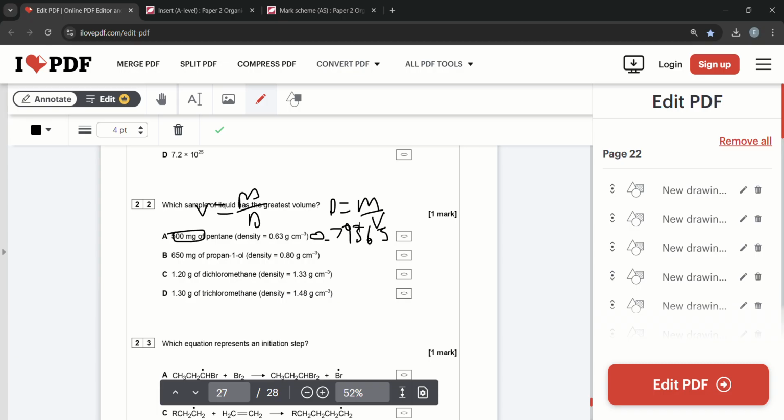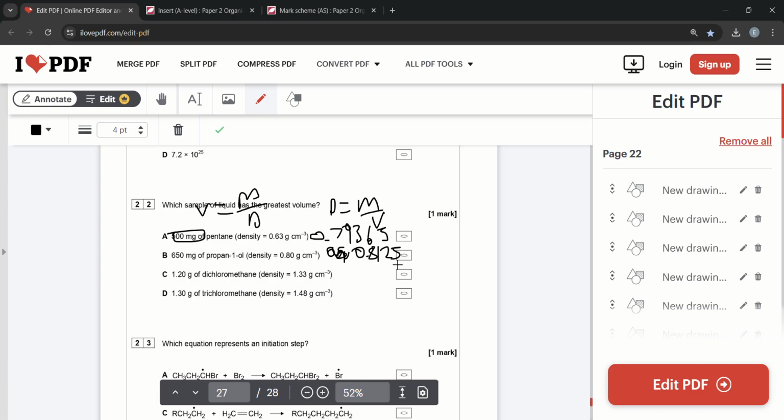Same thing with the second one. Density is mass over volume. Volume is the mass in grams, 0.650 divided by 0.80. 0.8125.